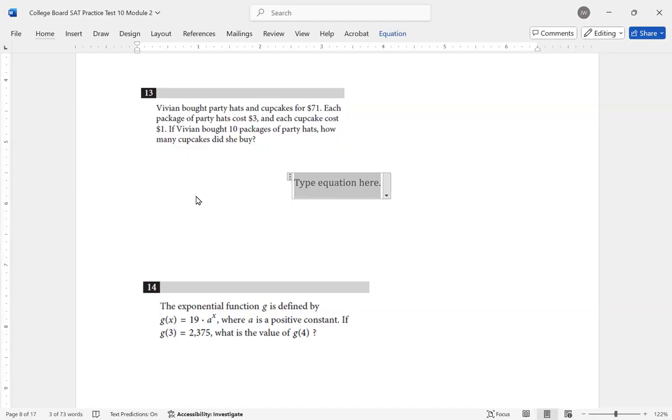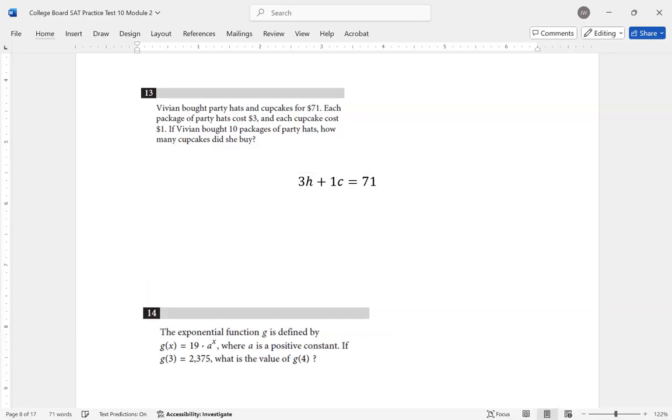I'm going to write the money equation. $3 per package of hats plus $1 per cupcake is the total cost on hats and cupcakes. And she bought $71 worth of hats and cupcakes.